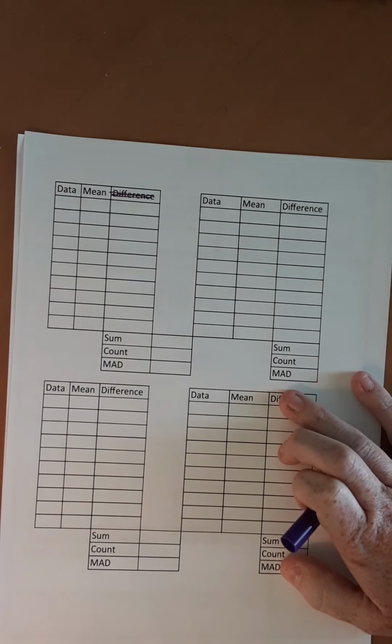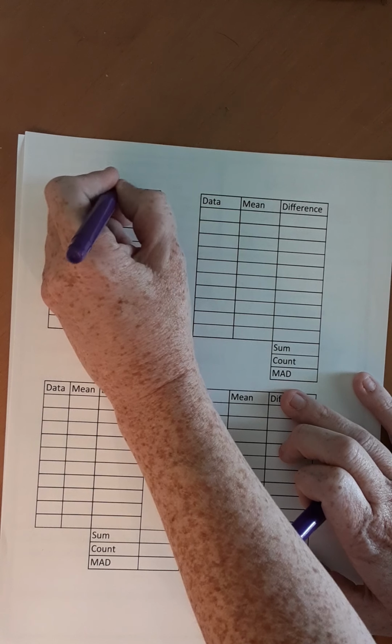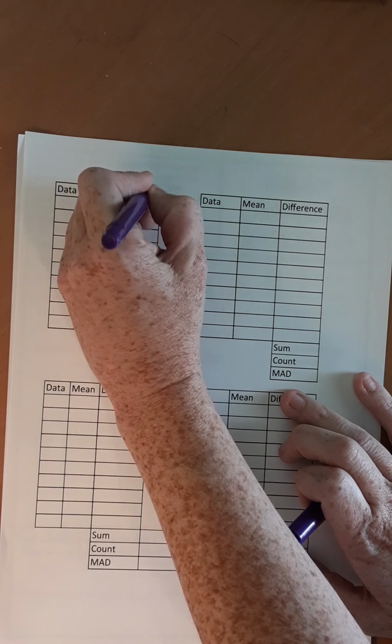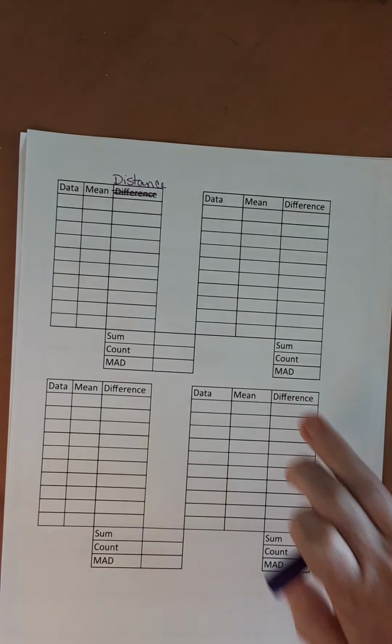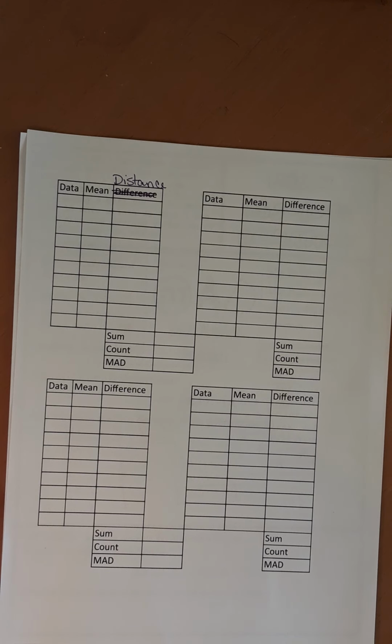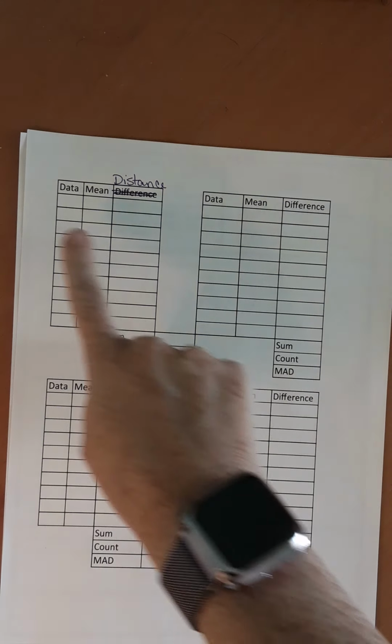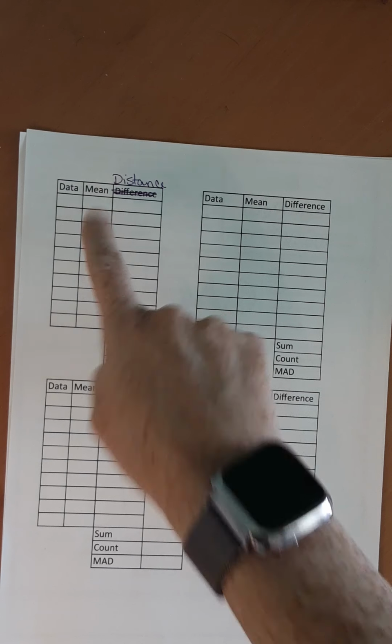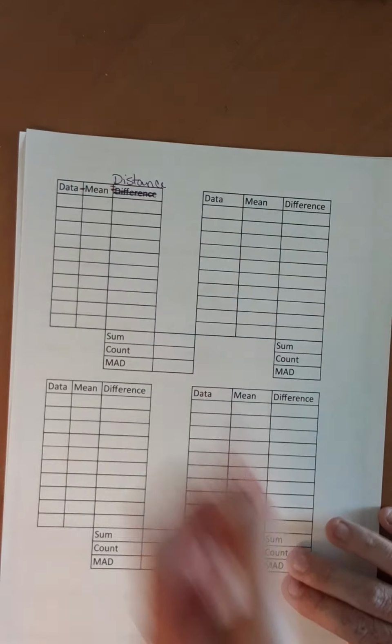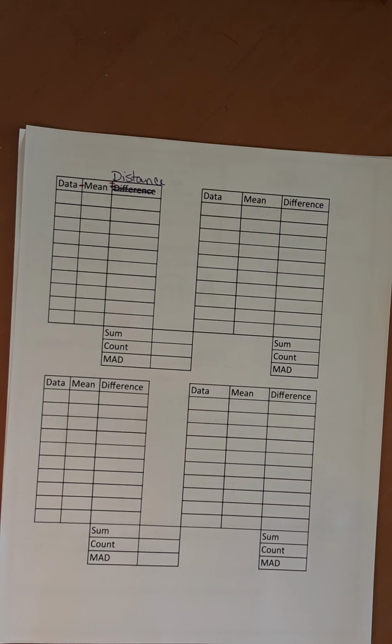Instead of difference, they like to call it the distance, because it reminds them that the number needs to be positive. Because we're just talking about how far your data point is from your mean. And remember, we need to subtract data minus mean, and that will equal your distance.